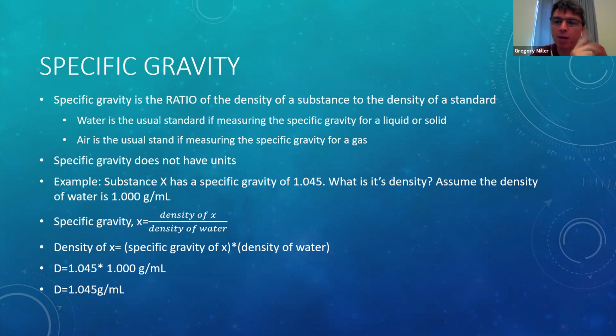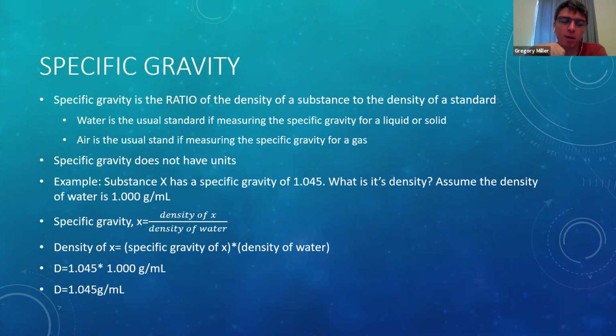So 2 things, let's check our units. We have no units times grams per milliliter, so nothing cancels out. The grams per milliliter just stays, so our units left over is grams per milliliter, which makes sense because we're looking at the density of X, and density should be in grams per milliliter. Next thing to check is our significant figures. We're doing multiplication, so we care about the number of significant figures.